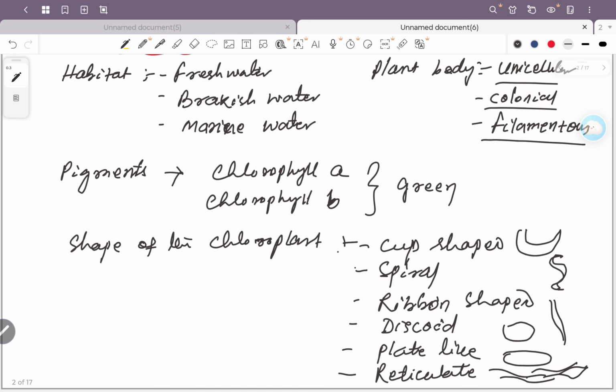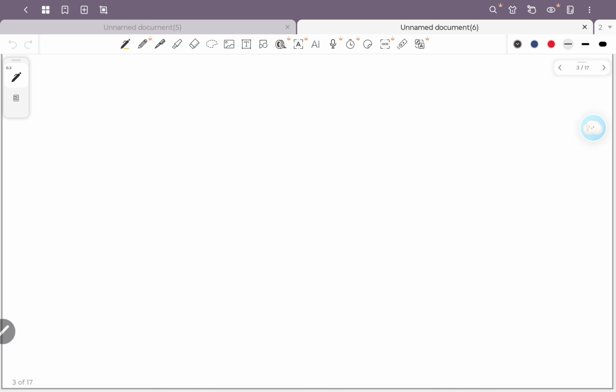Now next, come to a special structure. They have a special structure inside the chloroplast. This is very important, children. That is pyrenoid.